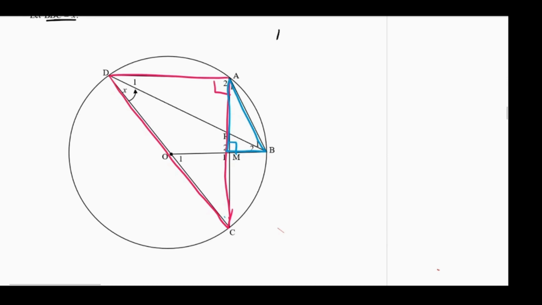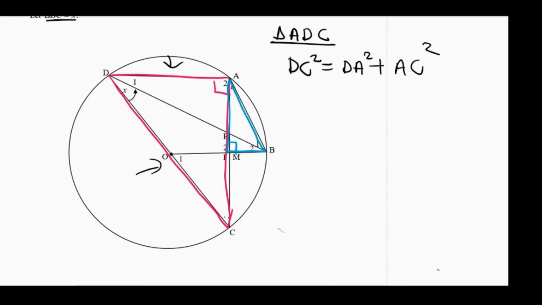If you look at the pink triangle, ADC, this triangle here, writing it in Pythagoras theorem, remembering that this is the hypotenuse, it's going to be DC squared is equal to DA squared plus AC squared, right?